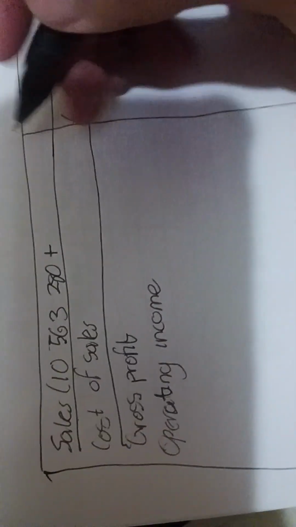We have the sales there as 10,563,280. Since we made a credit sale, you add the sale amount, not the cost of sale.